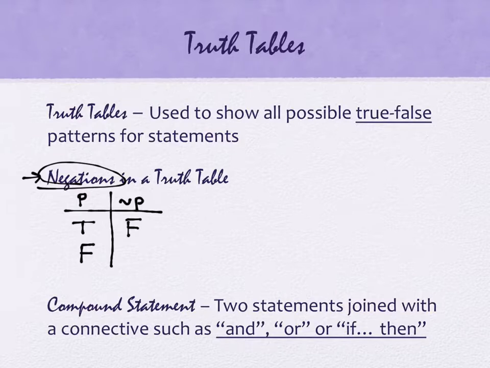So within a truth table, it becomes very easy to do a negation, a tilde P column, because all I have to do is switch whatever was in the P column. If the P statement was false, then tilde P would be true. So negations inside of a truth table just switch the truth values. Whatever they were before, now they're not.